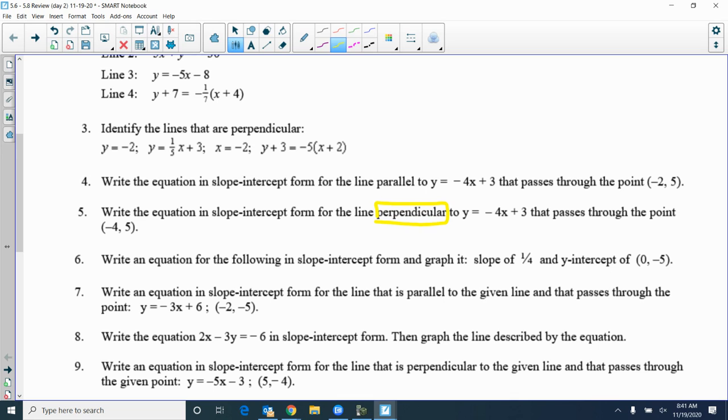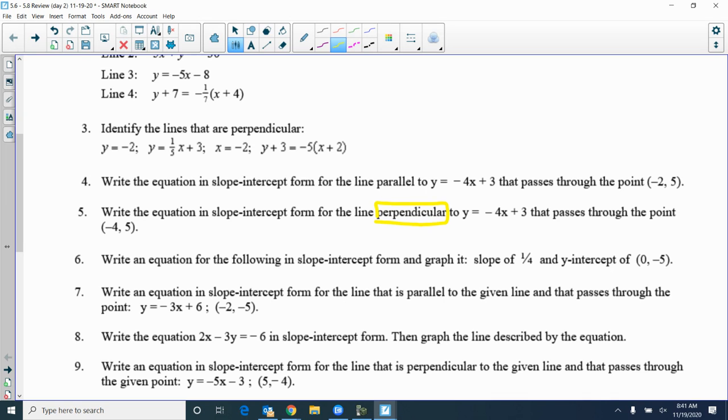When I'm solving, I'm still going to solve for b. I'm still trying to put it into y equals mx plus b. Pretty much everything's going to be the same. I'm going to do 5 equals, okay, what's my slope of the line that's perpendicular? Positive 1/4. Good. Opposite reciprocal. That's my m value. I'm going to multiply that by -4 plus b.